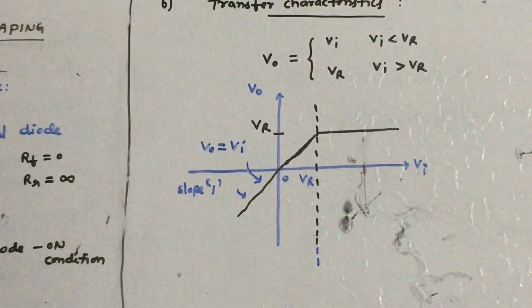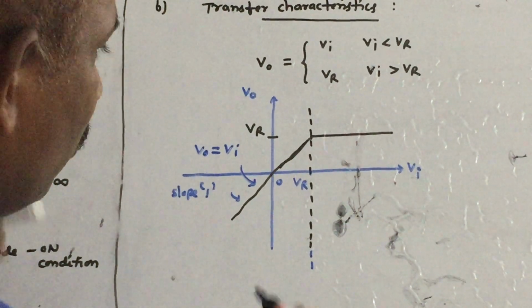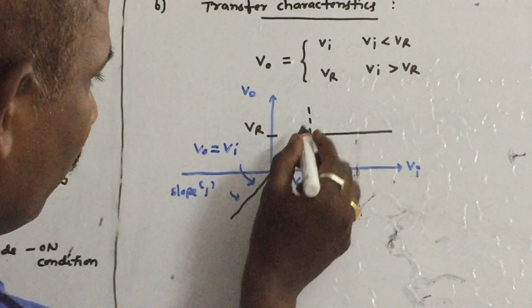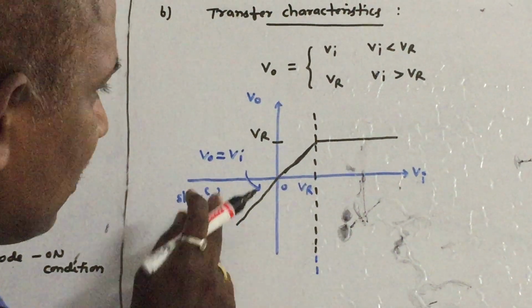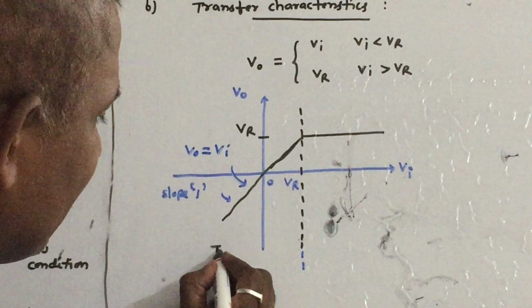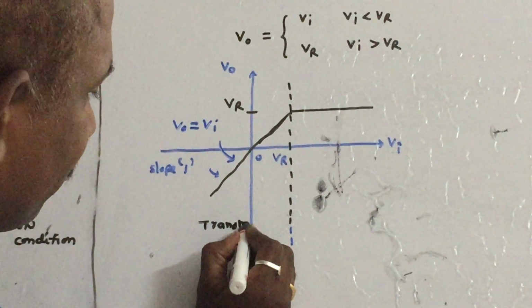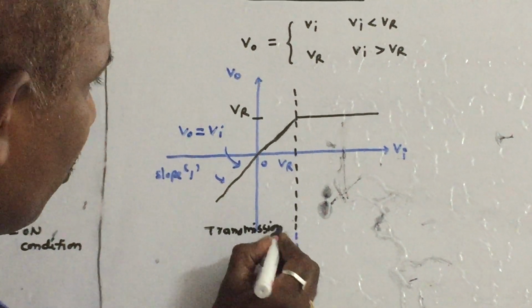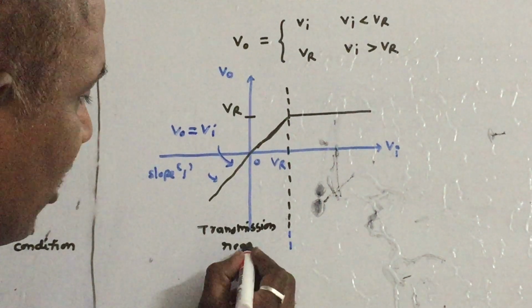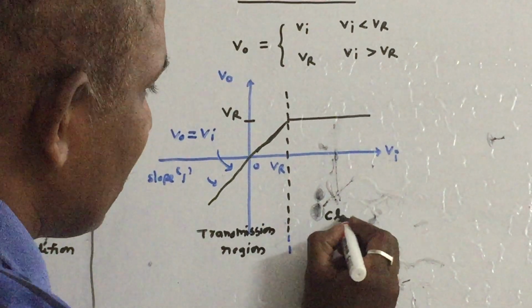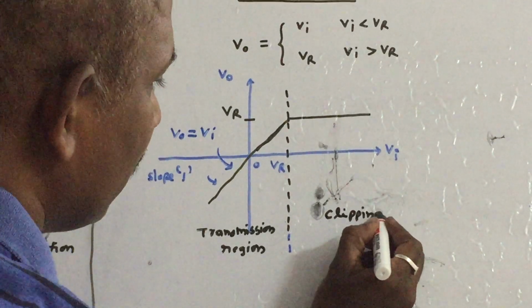Mention the conditions of the diodes. Because V0 is equal to Vi in this region, it is called the transmission region. Why? Because V0 is equal to Vi, that's why this region is called the transmission region. This region is called the clipping region.